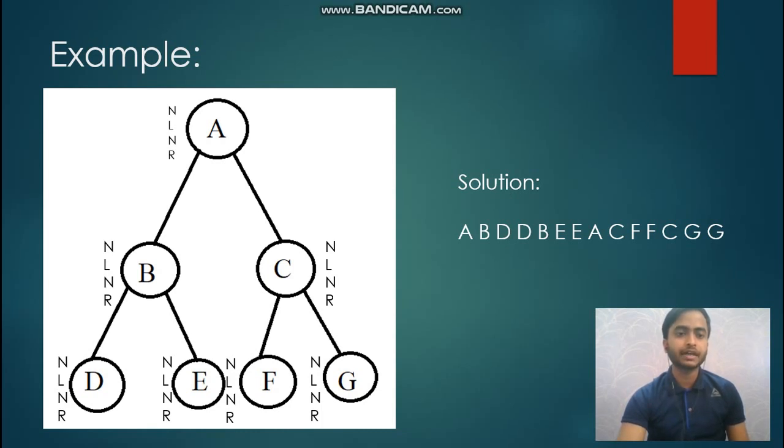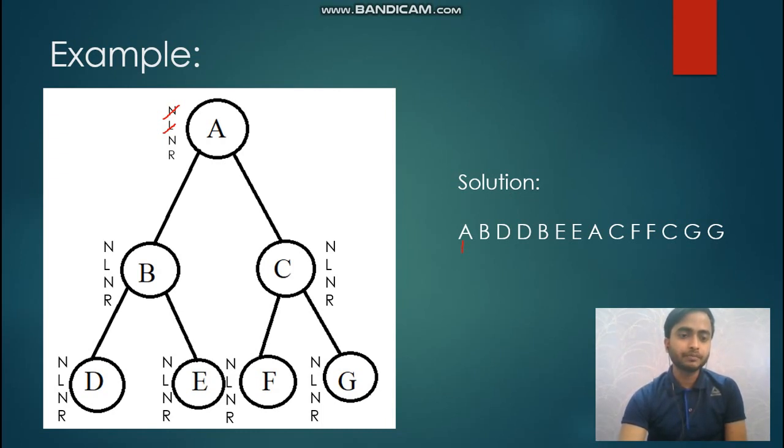That will help us in identifying which step is completed and which steps are remaining. So let's start. Apply the algorithm on A, that is first step N. N means to print the node. Here A is printed. Next step is L, means to visit the left subtree of A. Here the left subtree of A is this one, whole B, D, E.